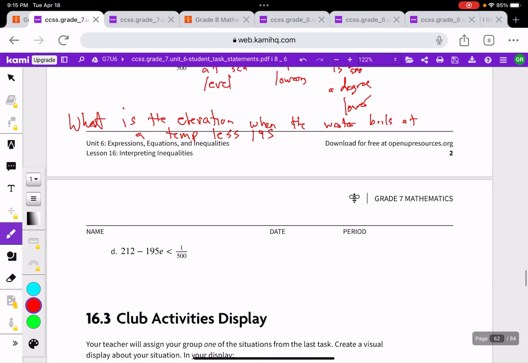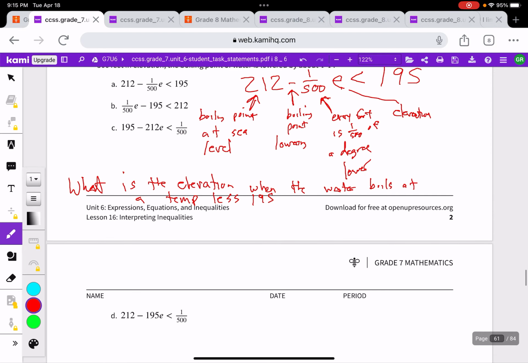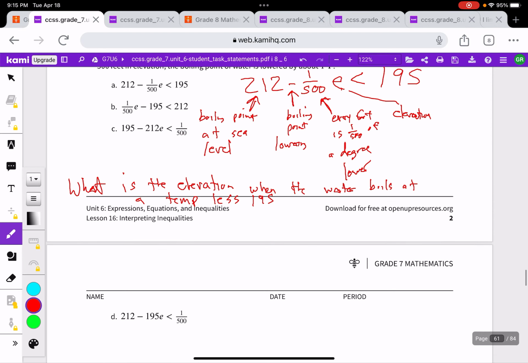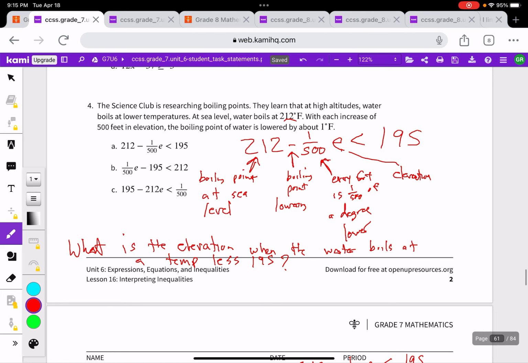I might barely have enough room to solve this down here for you. So now I'm going to write 212 minus 100 E is less than 195. So there's my question. I now can go back and say that this is the boiling point at elevation.